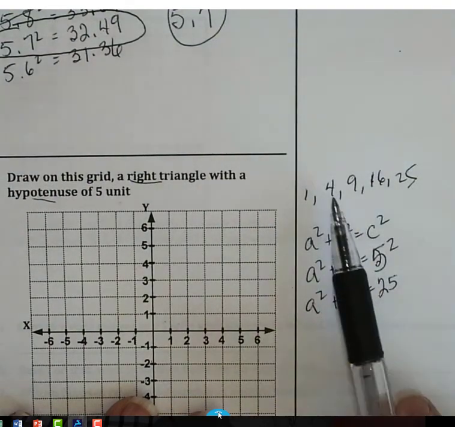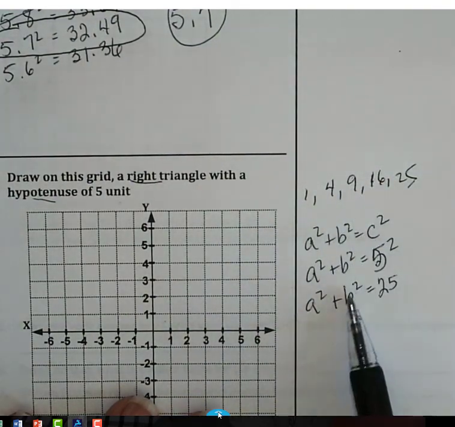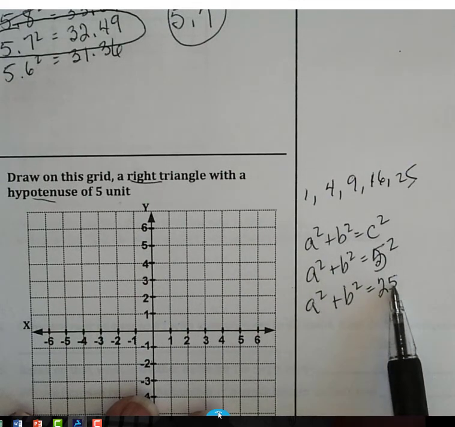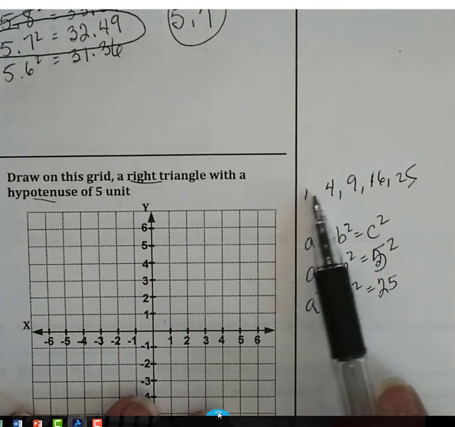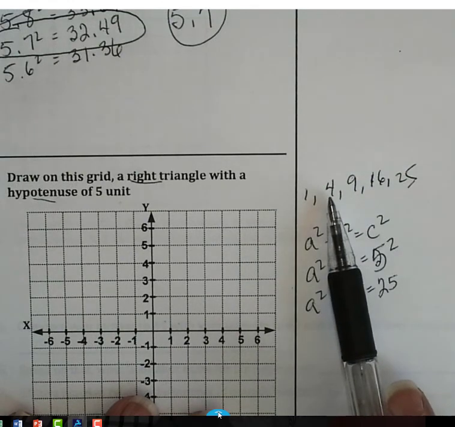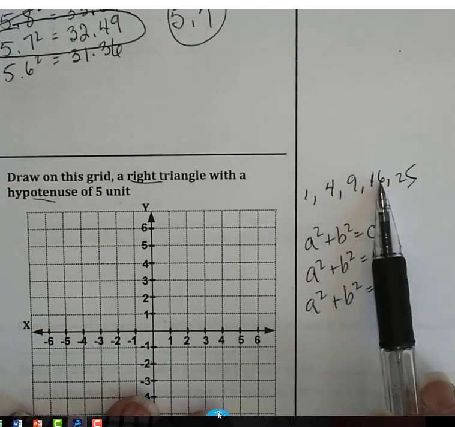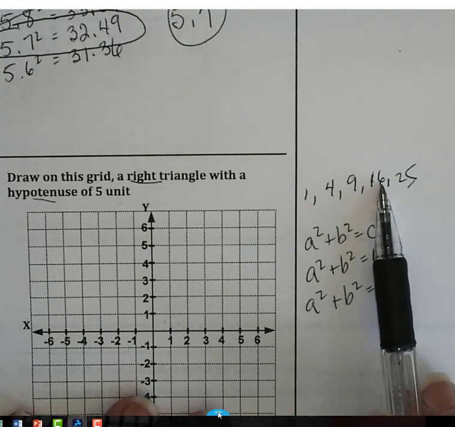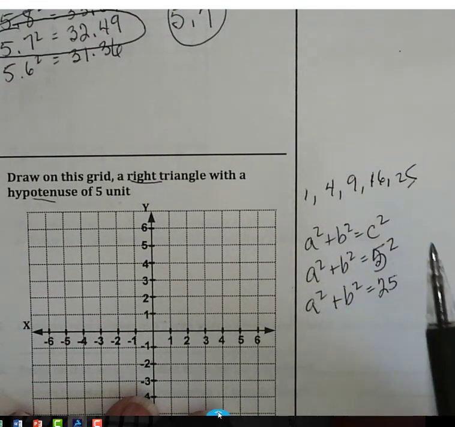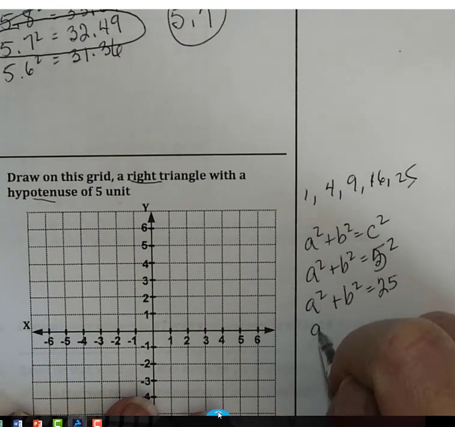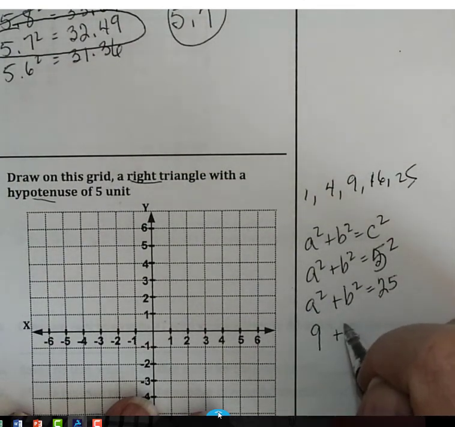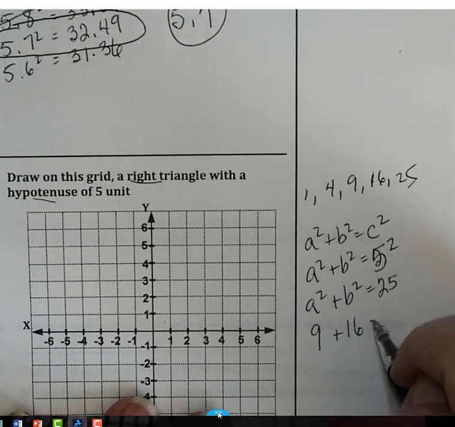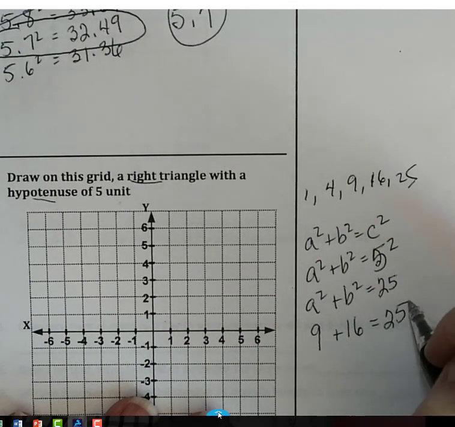So we need two of these perfect squares to add up, when I place them in here, to 25. So 1 and 16 won't work, 4 and 16 won't work, because that's 20. 9 and 16, oh, that works, because 9 plus 16 is 25. So if I replace this with 9 and 16, that does equal 25.